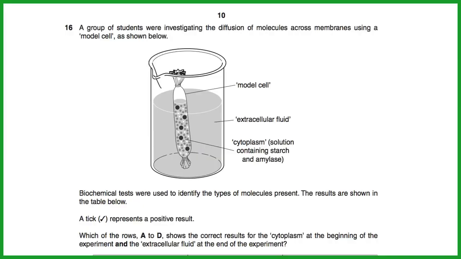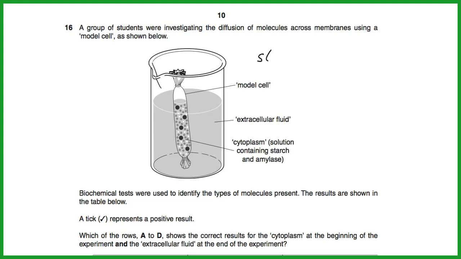So a group of students were investigating the diffusion of molecules across membranes using a model cell. Now into the model cell, which is an artificial cell membrane, they put a solution containing starch and amylase. They then used biochemical tests to identify the molecules that were present at the beginning and the end of the experiment, both inside the model cell and outside in the extracellular fluid.